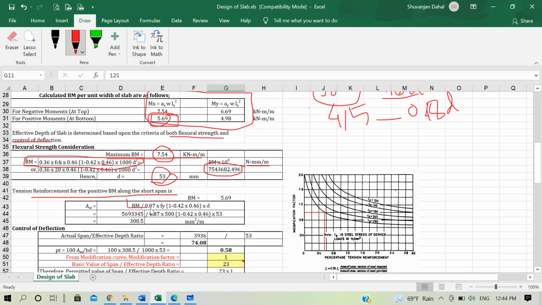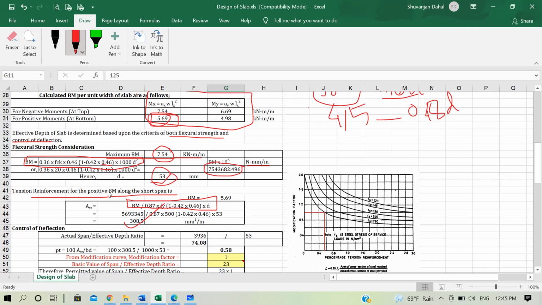We have another equation here. Use the value of this bending moment divided by this whole formula, 0.87 fy times 1 minus 0.42 into 0.46 into d formula. Use the bending moment, fy 500, and d we got the value 53. You get our area of steel to be 308.5 millimeter square per meter.